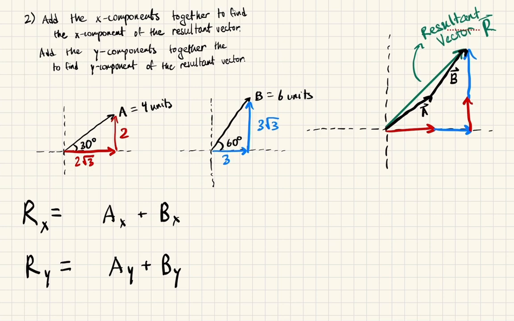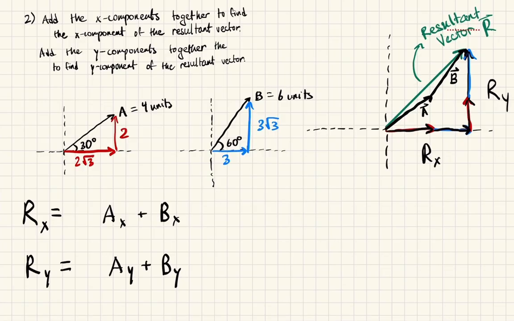And what you'll notice in this image is that for this resultant vector, it also has an x and a y component. And that x and y component of the resultant vector is the sum of the components of our vector A and vector B. And so for the x component of the resultant vector, we add the x component of vector A to the x component of vector B. And for the resultant vector's y component, we add the y component of vector A to the y component of vector B, okay?